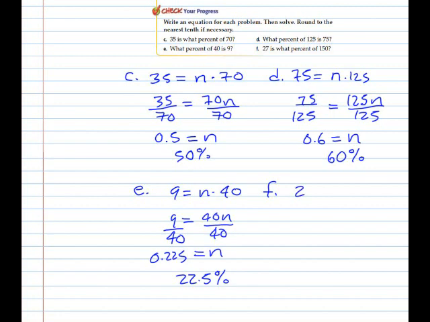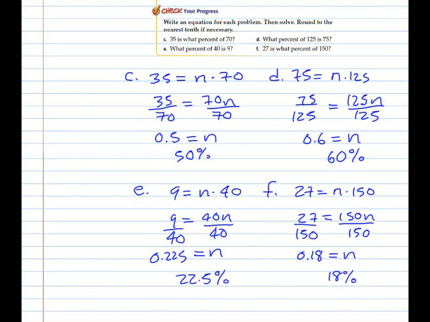And finally, example F. We know the part. Looking for the percent, n times 150. So 27 equals 150n. Divide both sides of our equation by 150. N equals 0.18 or 18%.